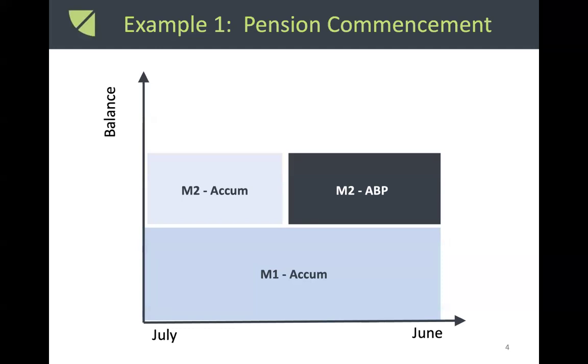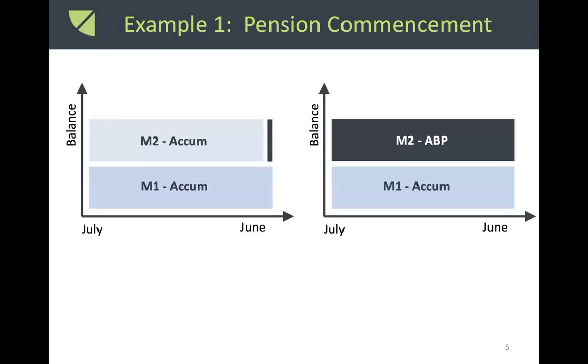So assuming that the member has already met a full condition of release before the start of the year, so there's no restriction on the timing, we have to make this choice as to moving that starting point to the right or to the left.